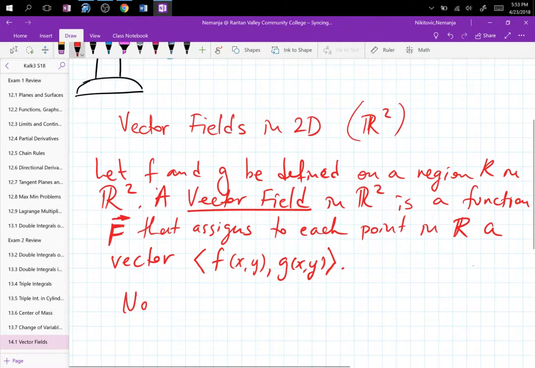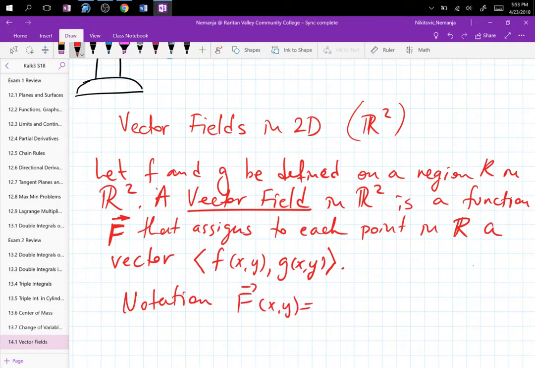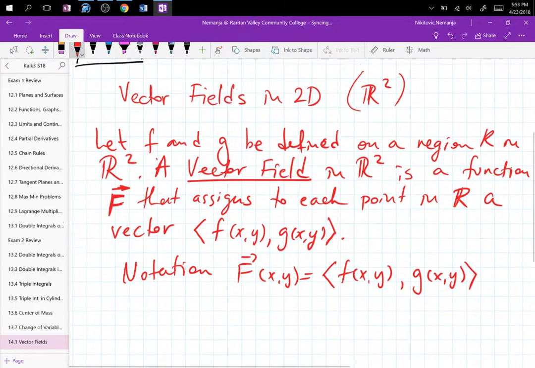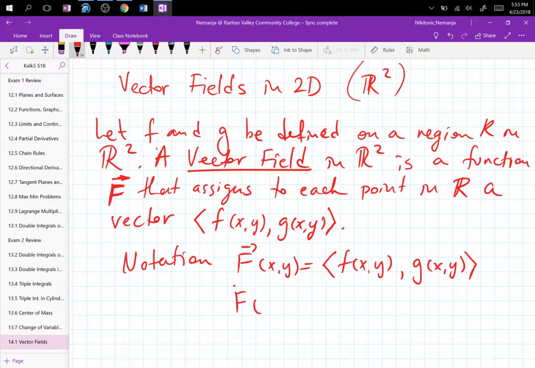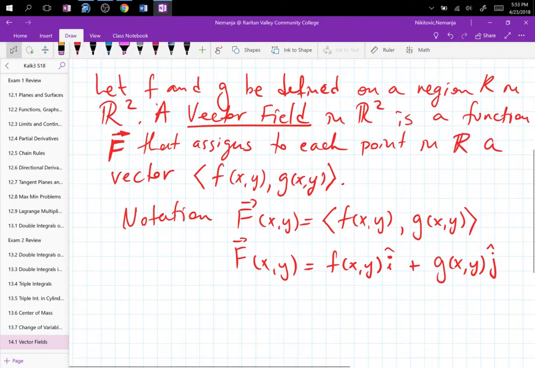The notation: f of xy is equal to f of xy, g of xy. We can also use the ij notation, plus g of xy, j. Now these guys are the carets, right? Those are the unit vectors.